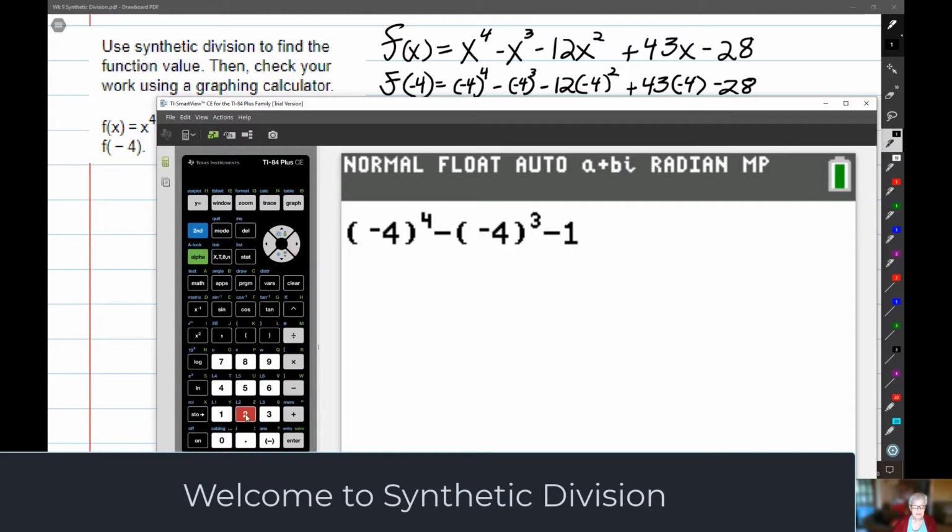Minus 12, parentheses, -4, and then I'm just going to push the x squared button.